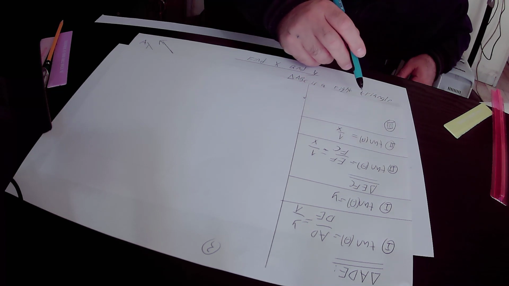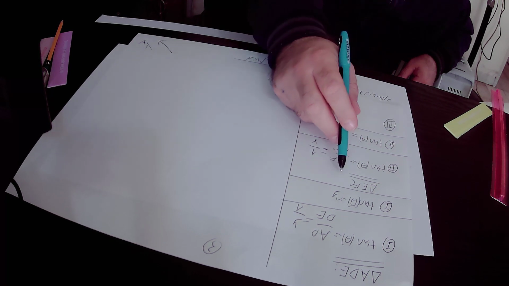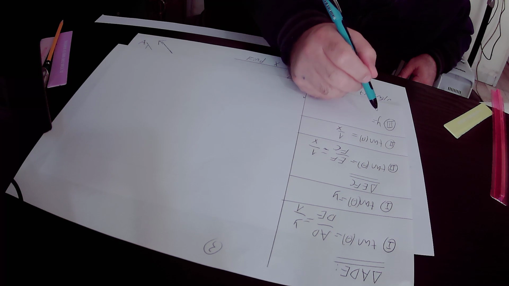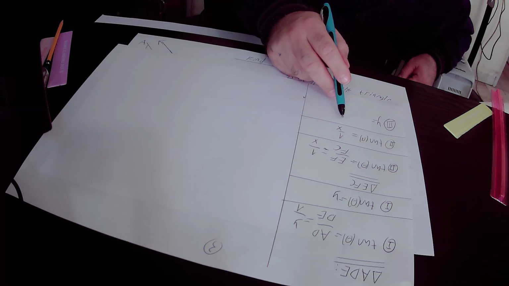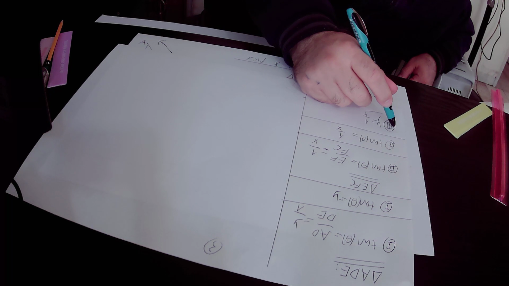So tangent theta according to equation number 1 equals y, and it must be equal to tangent theta according to equation number 2, which equals 1 over x. So we found out that y equals 1 over x.